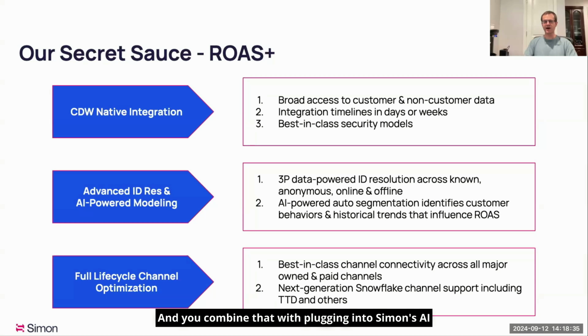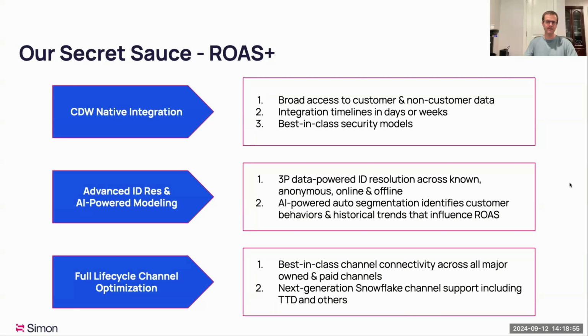And you combine that with plugging into Simon's AI-powered automatic segmentation, and you have a powerful tool for increasing your return on ad spend. And lastly, Simon optimizes across your user's full lifecycle, spanning all major owned and paid channels. In addition, you get access to next generation channels like integrating to the trade desk directly through Snowflake.